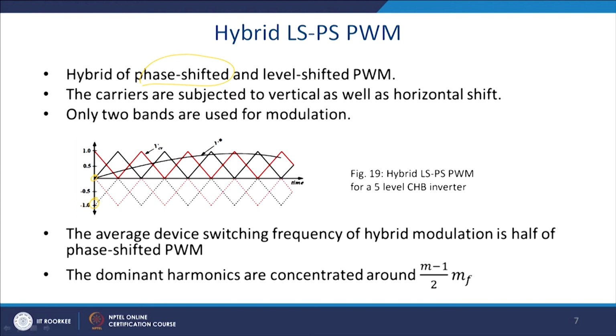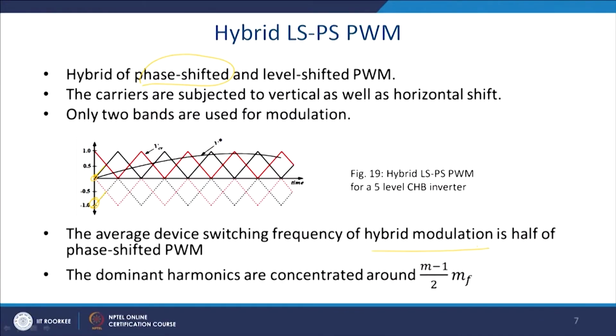Carriers are subjected to vertical as well as horizontal shift. See that this bold black line and this dotted black line are vertically shifted, and of course, you can see that they can also be shifted horizontally, then it is a phase opposition. Only 2 bands form the modulation. So, automatically this is the form.